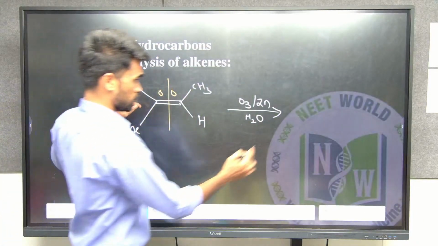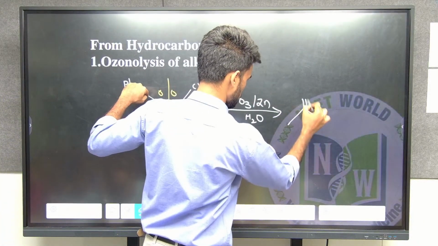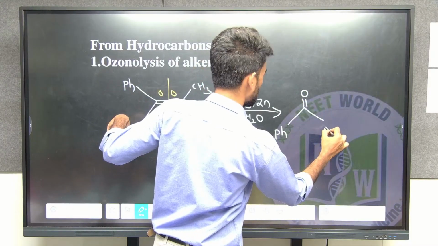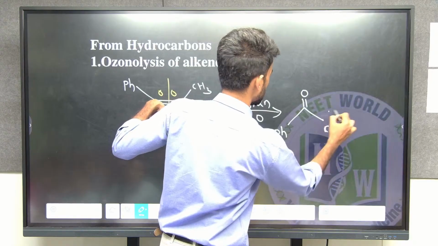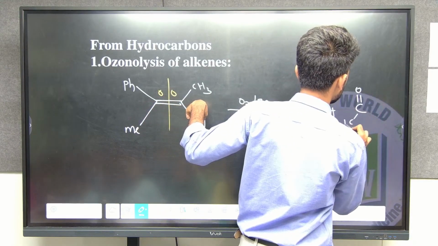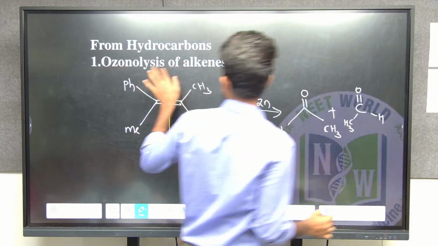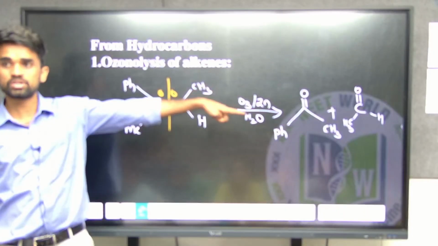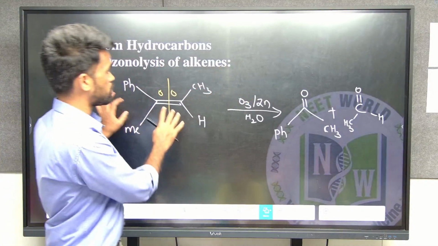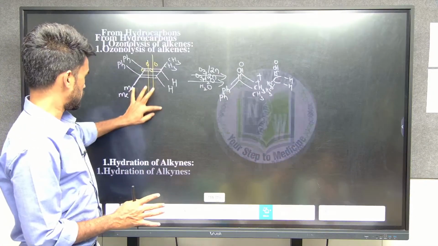So what is the product formed on this side? Ph, phenyl, methyl. Me means methyl, like CH3. This side double bond O, CH3, H. So ozonolysis of alkenes also provides you aldehydes and ketones depending upon the type of alkene you are taking.